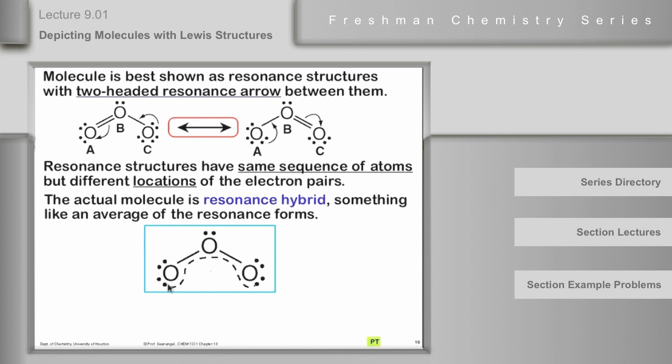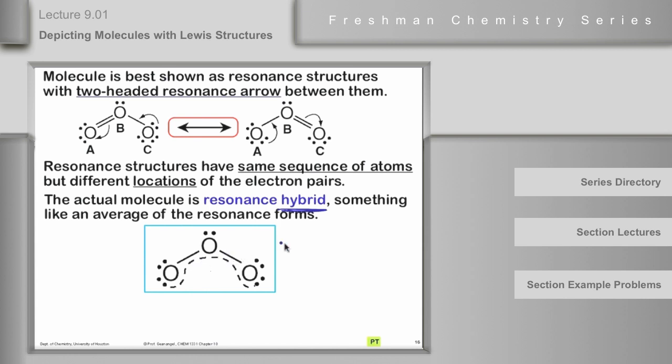Now, this is an interesting idea. It's not an easy idea to absorb, but if you look at this, if you look at these bonds, the one pair of electrons in this resonance hybrid is localized between these two oxygens, and the other pair of electrons is spread out so that it occupies this, what would have been a double bond, not part of the time, but in part, meaning a fraction of the electron pair is always here, and a fraction is over here.